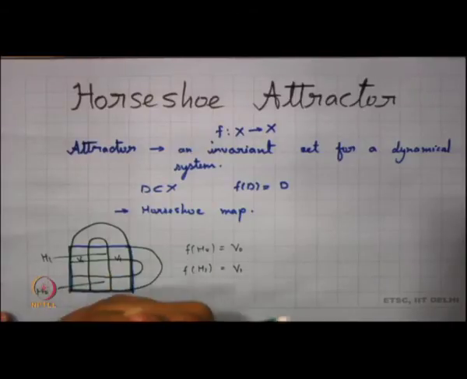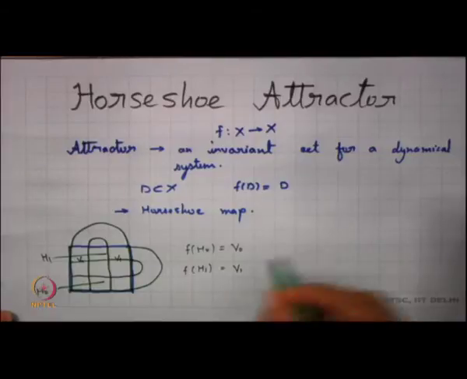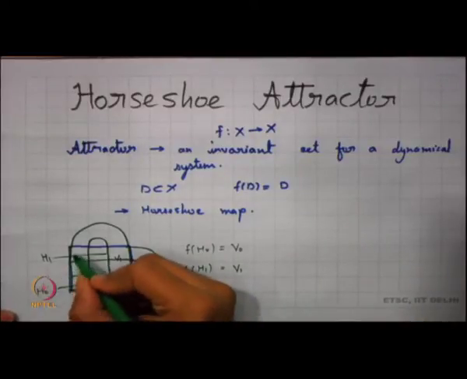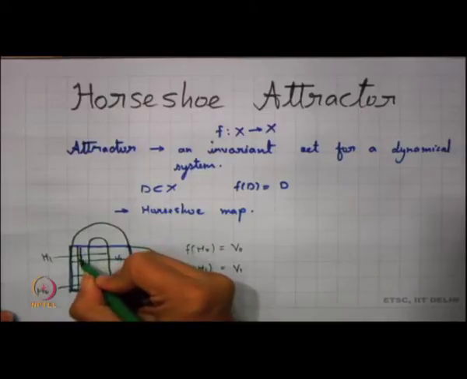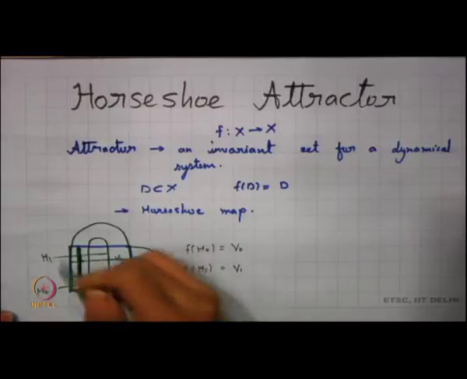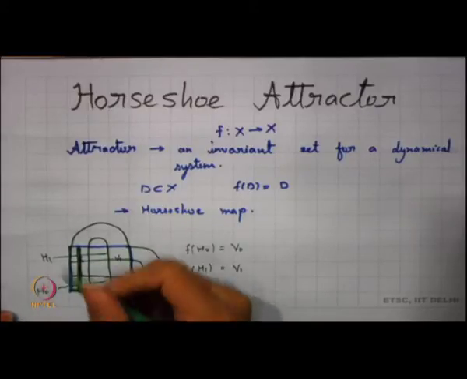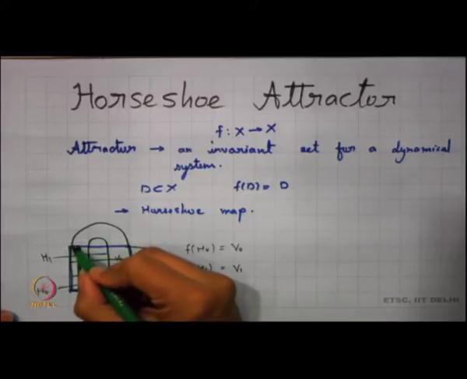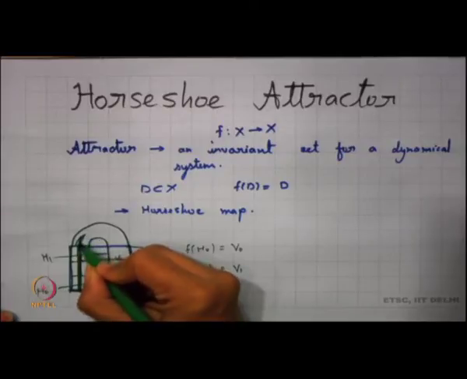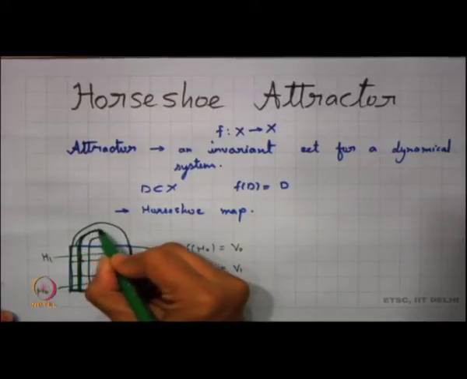So, we have seen that we have both these transformations, and another property of the transformation that we had seen is that if I have any vertical rectangle, of course, it need not be a subset of V0, then under f it is mapped to some vertical rectangle.